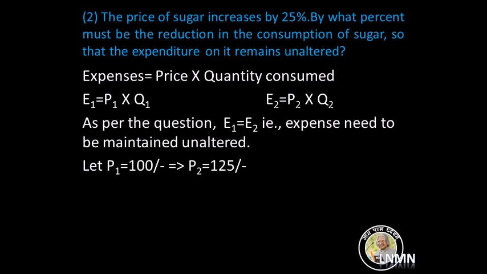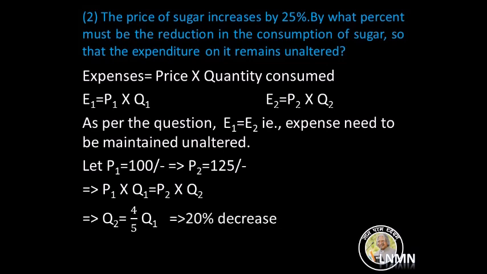For simplicity, I am assuming P1 is equal to 100 rupees, which implies P2 is equal to 125, because in the next month the prices have increased by 25%. P1 Q1 equal to P2 Q2 implies Q2 is equal to 4 by 5 Q1. This states that there is a 20% decrease in the quantity, so I have to reduce the consumption of sugar by 20%. Okay, is this all clear to you?